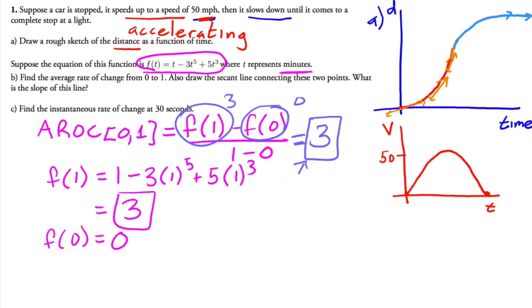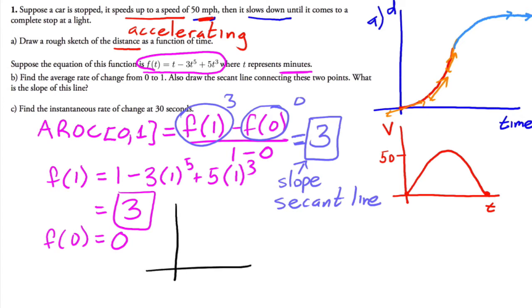So this is the slope of the secant line between 0 and 1. Now I'll draw a little sketch, because I want to actually graph this.